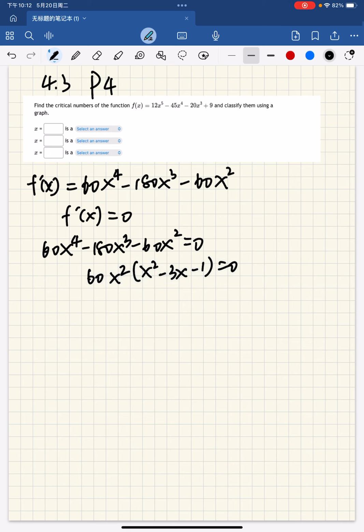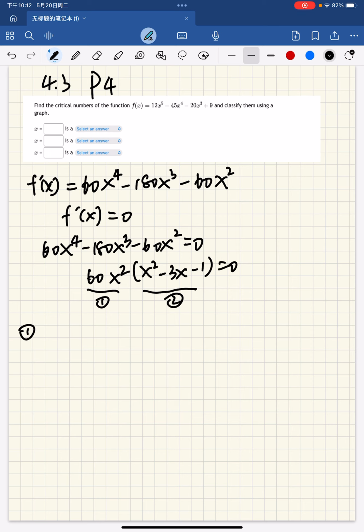So to let this equation equal to 0, we can divide it in two parts. This is the first part, this is the second part, and we can let any of those parts equal to 0. We'll let the whole equation equal to 0.